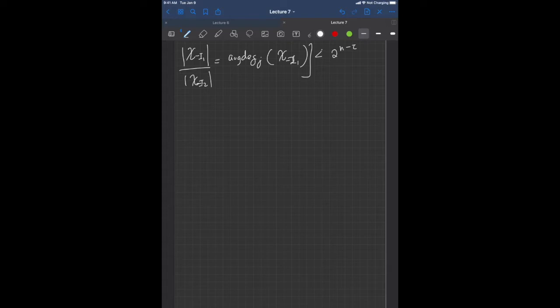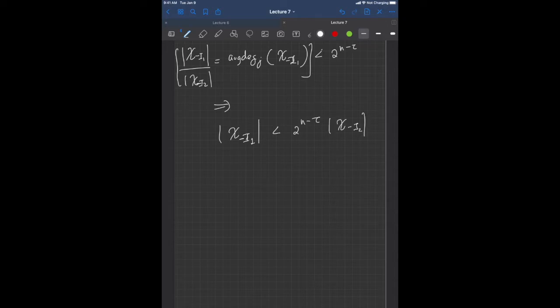There's a minus here. So this implies that the cardinality of x minus I1 is at most 2 to the n minus tau times the cardinality of x minus I2.